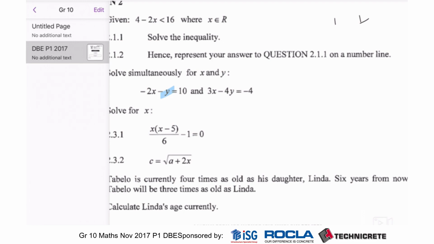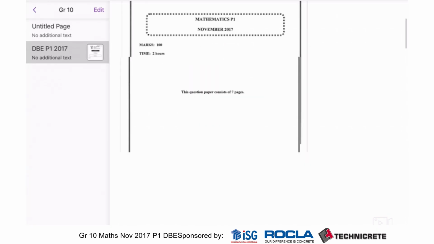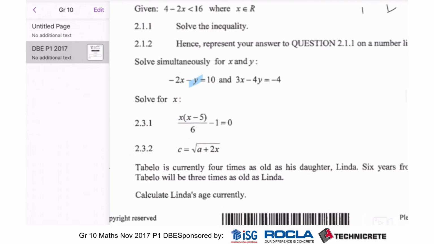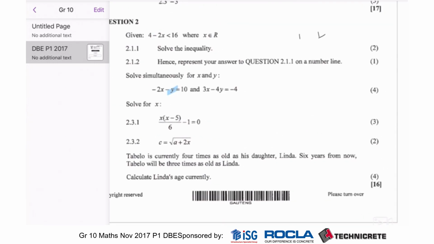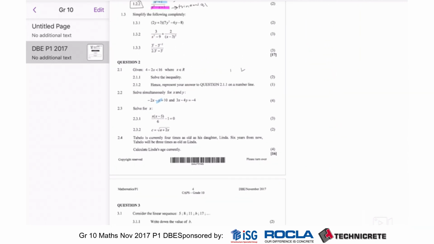Whereas if you don't, like if this was 3y, you don't want to essentially be working with a simultaneous question like that. So therefore you would use elimination. But if you have a plain variable, such as in this question, we can easily use substitution method. Okay, so let's work through the substitution method now.